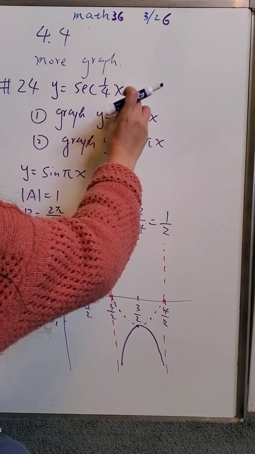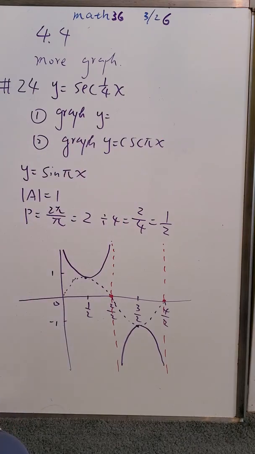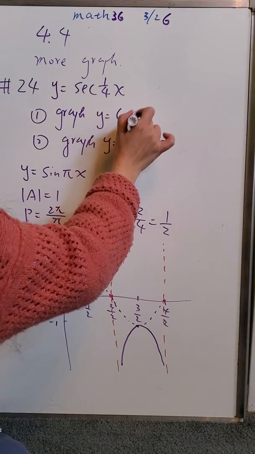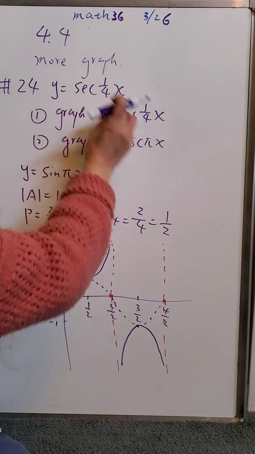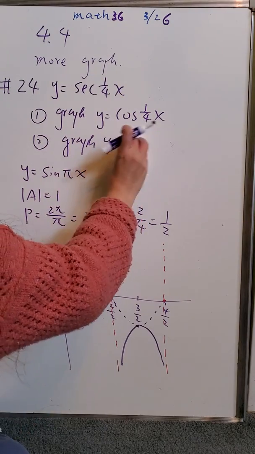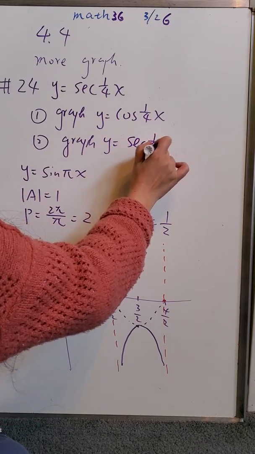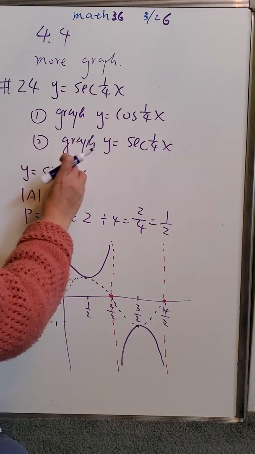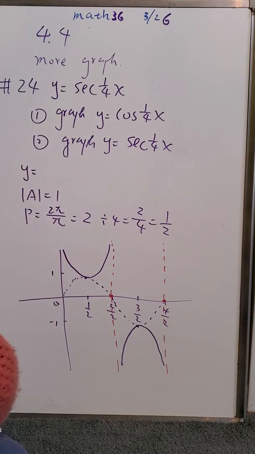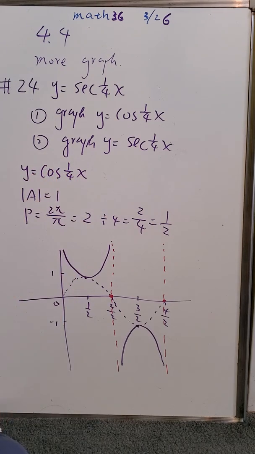Now remember, secant is the reciprocal of cosine, so therefore we first graph a cosine 1/4x. And after that, we graph the secant 1/4x. We're going to graph the cosine 1/4x first.